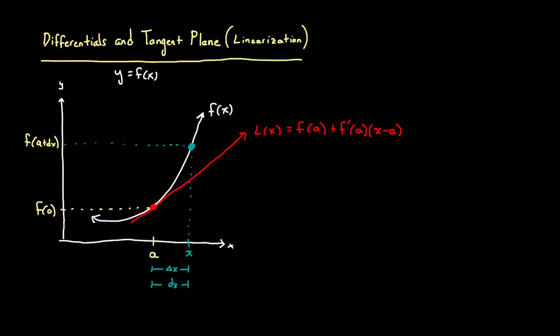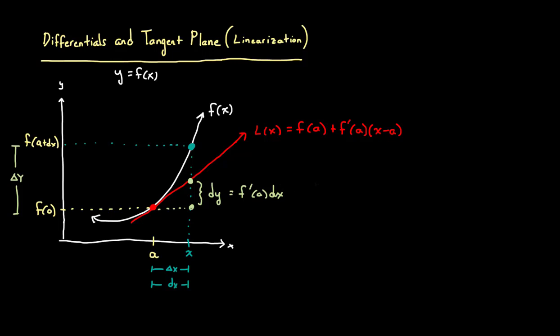And one of the things we talked about is that our delta y can be approximated with a dy, and the dy here is this distance here. If you physically plug a plus dx into the line function and then subtract f of a, you see that dy is going to be f prime of a dx.